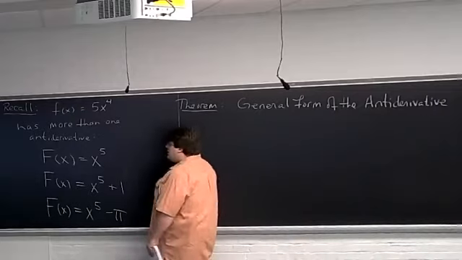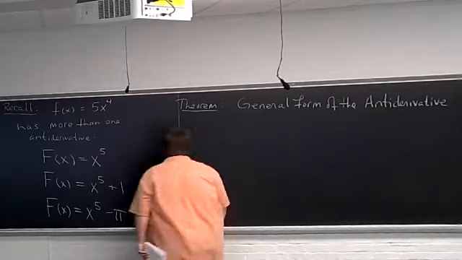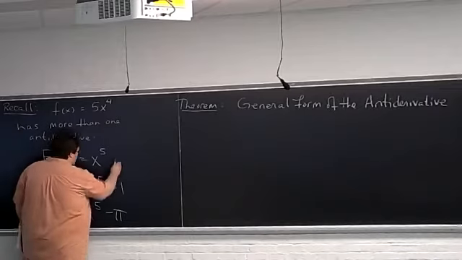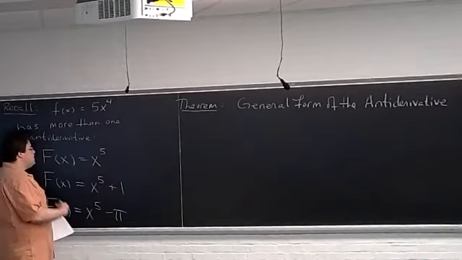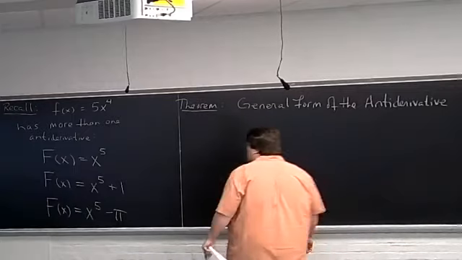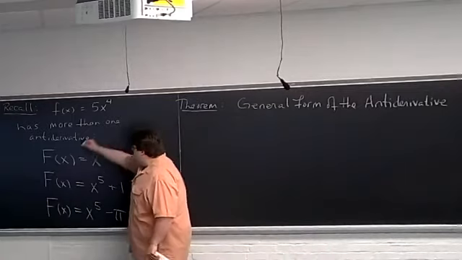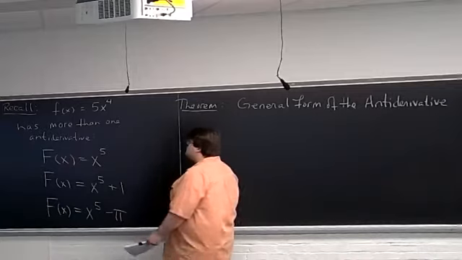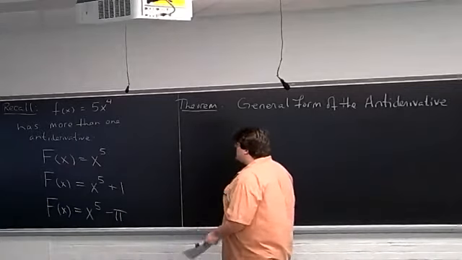And the reason is because there's more than one choice. But as we'll see in this theorem, all other antiderivatives differ in that constant. So a general form of the antiderivative is the one we find plus any constant. That gives you all possible antiderivatives.